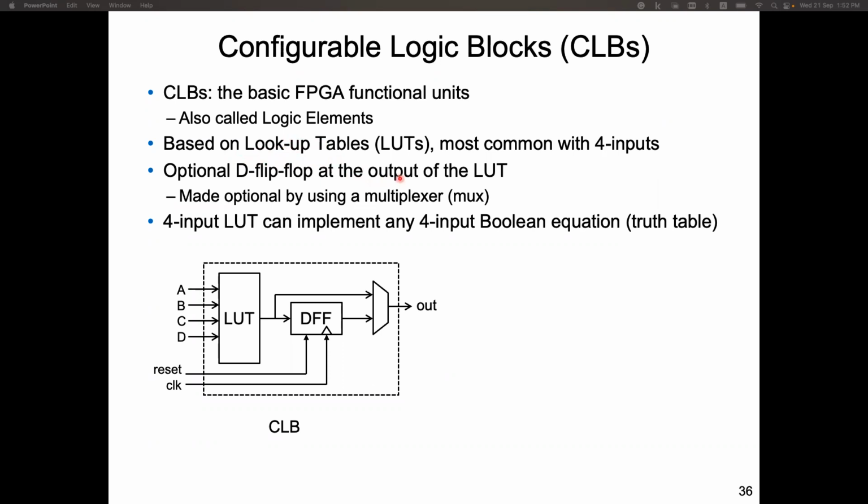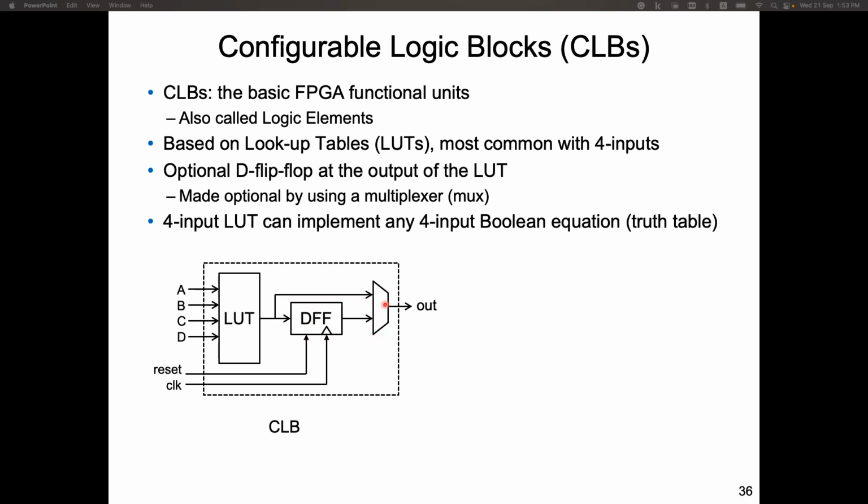Most common are 4 inputs, but modern FPGAs are more complex. They can accept, say, 8 inputs. So there is a lookup table, LUT, and typically an optional flip-flop is provided. A D-type flip-flop is optional, and it can be bypassed by using this multiplexer.